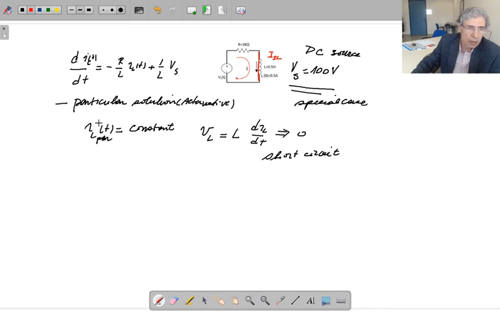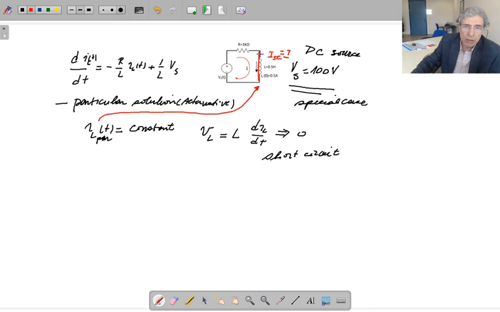ISC is also my particular source in this circuit. So we can easily say that this I is equal to ISC, the short circuit current, and that is equal to the particular solution. Since this voltage is 0, the voltage of the resistance becomes Vs, which is 100, over R, which gives the current of this resistor.